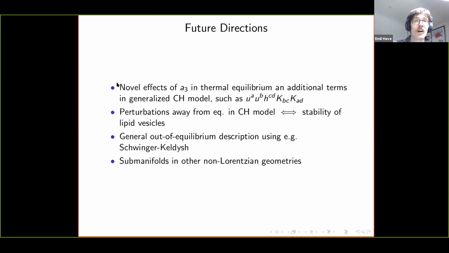It will be very interesting to work out what novel effects this A3 term will have, as well as, from a purely effective field theory point of view, you could add additional terms to this free energy that we had on the previous slide, such as this one here. It would be interesting to see what consequences that would have.